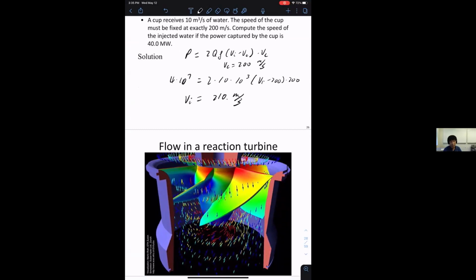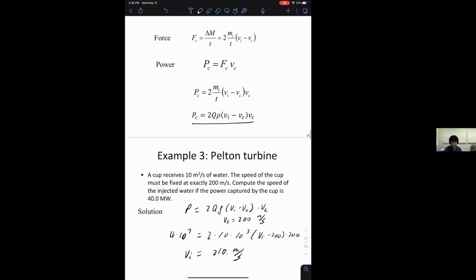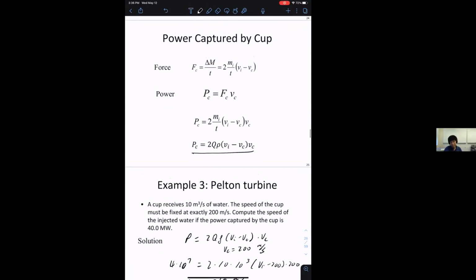For this reaction turbine, we use fluid simulations to calculate the exact power transfer. Here we're going to look at the principles behind this, but not go into so much detail on the equations. We won't get an equation as clean as this one, where everything is measurable. That's a good thing about an equation like this: you can measure all the quantities. You can measure flow rate, we know density, you can measure Vi, and you can measure Vc.